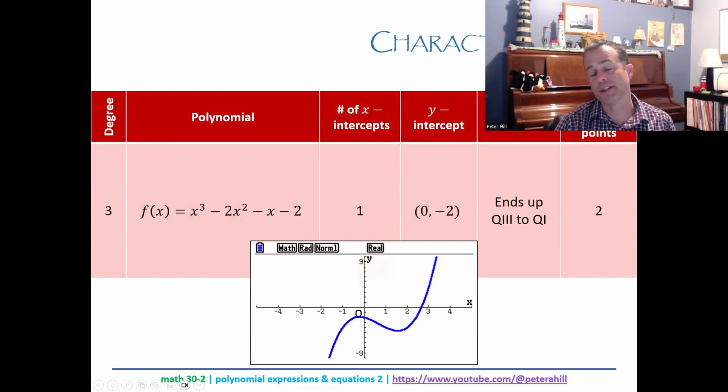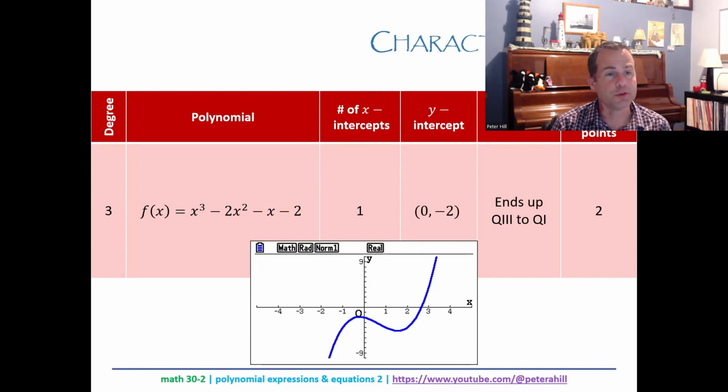Hey, I don't know if you caught this yet, but when I had a degree 1, that was a straight line, and there were 0 turning points. When I had a degree 2, that was a quadratic, and I had 1 turning point. And now I'm looking at these degree 3s, which are called cubics, and I have 2 turning points.